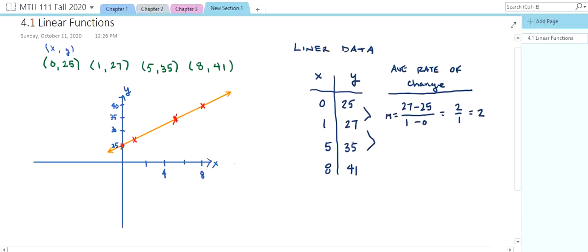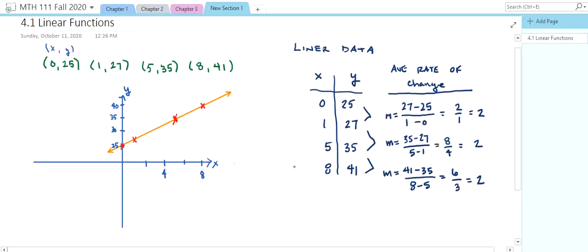Between the second and the third point, m equals 35 minus 27 over 5 minus 1. 35 minus 27 is 8, and 5 minus 1 is 4. Again, this is 2, interesting. And then finally, m equals 41 minus 35 divided by 8 minus 5. 41 minus 35 is 6 over 3, which equals 2.